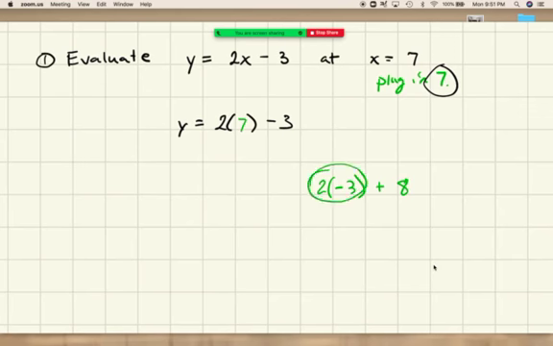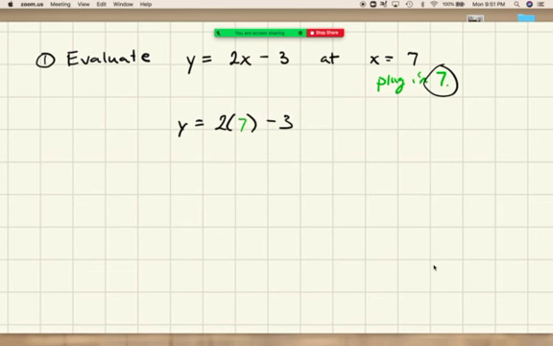Then you would multiply. If it was without the parentheses, like 2 minus 3 plus 8, then it would be 2 minus 3, see whatever you get, and then plus 8. But here it's minus 3. If it had parentheses, that would be different, but there's no parentheses here.